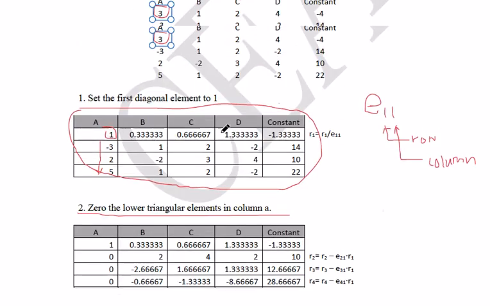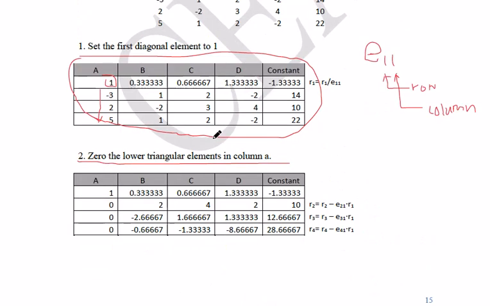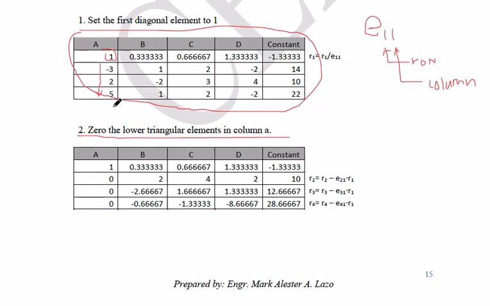So take note here in our discussion that our purpose in Gaussian reduction or in Gaussian elimination method is to make all the elements here 0, so that the remaining will be only the upper triangular elements of the matrix. And how do we make these elements into 0? So we have here the formula.